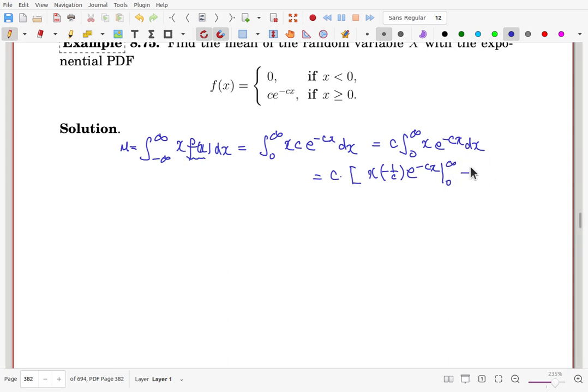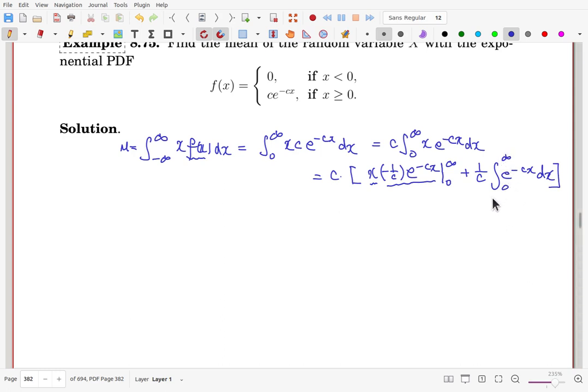Now, the derivative of u and v. So that is the same as, now along with this negation, here 1 over c, and then the integral of e to the minus cx dx, from 0 to infinity.